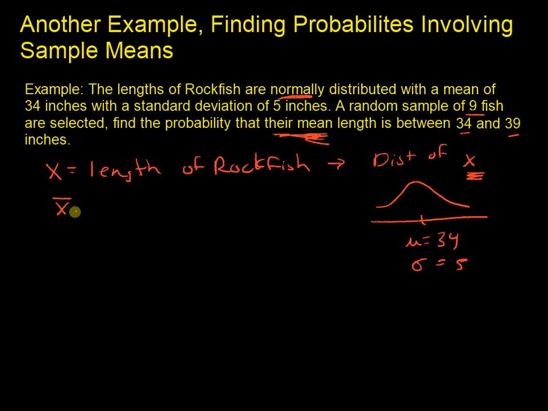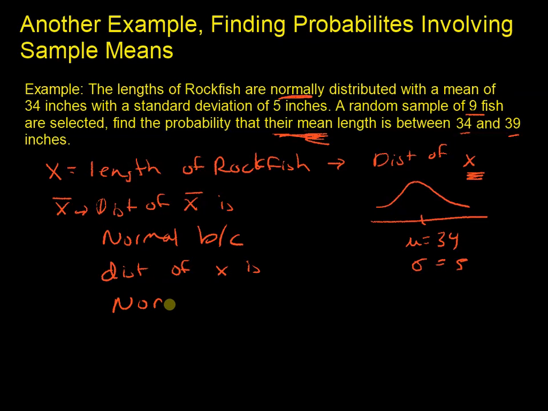So the distribution of x bar is normal because the distribution of x is normal. This is not by the central limit theorem, but just because the original data was normally distributed. So it doesn't matter what the sample size is. Sample size could be anything.